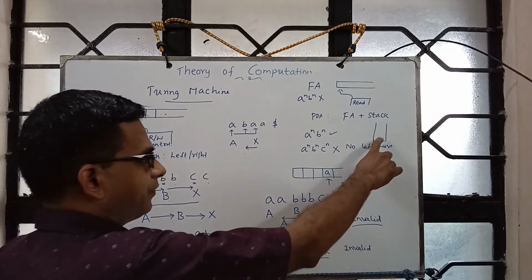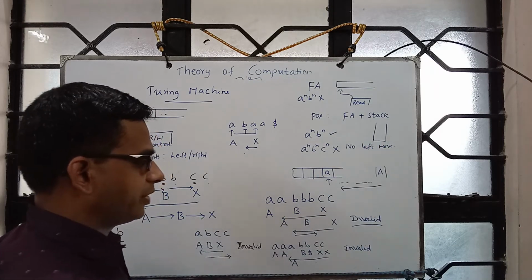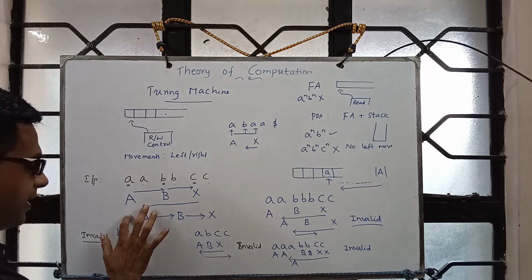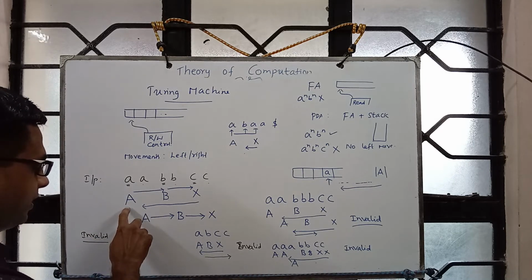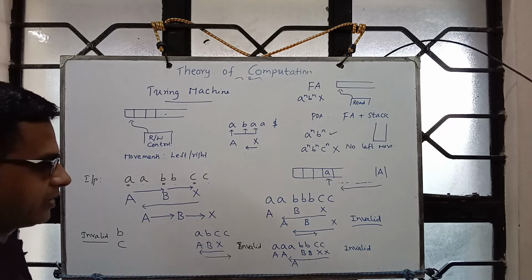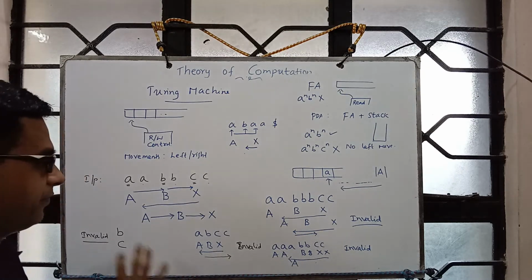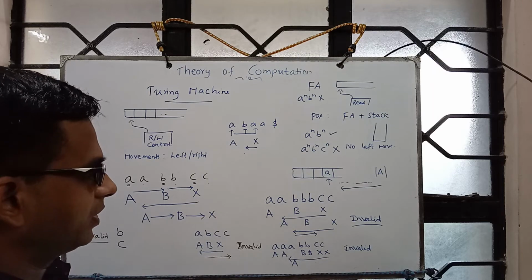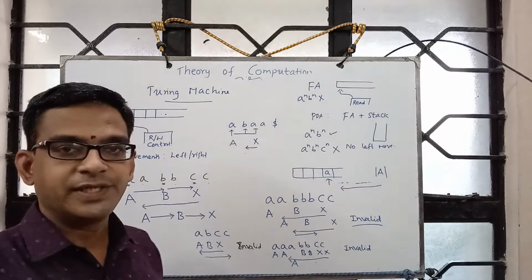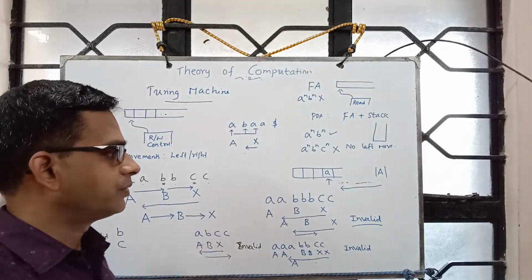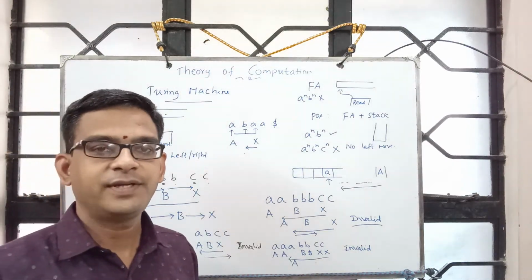Just like we add a stack alphabet called gamma, here also we will have an additional alphabet called gamma, where we will have this A, B, X, and so on. Fine, with that we describe our machine. So let's formally describe the signature and then get into the transition function. Fine.